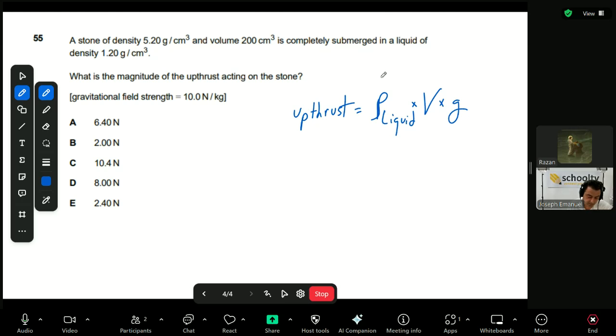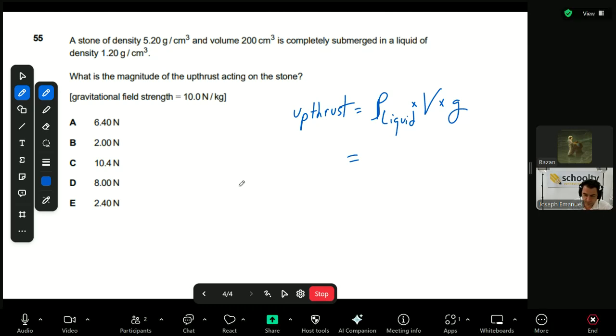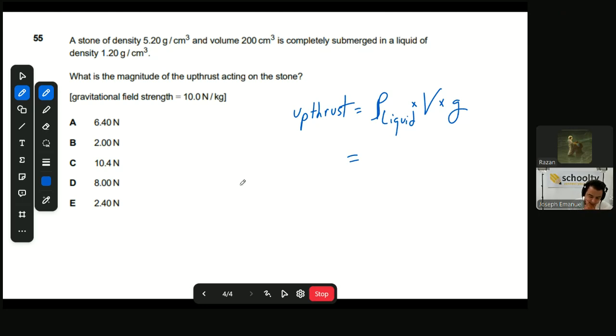This is the density, 1.2 grams per centimeter cubed. Let's check that all of them are in the right units. So the upthrust is in newtons.